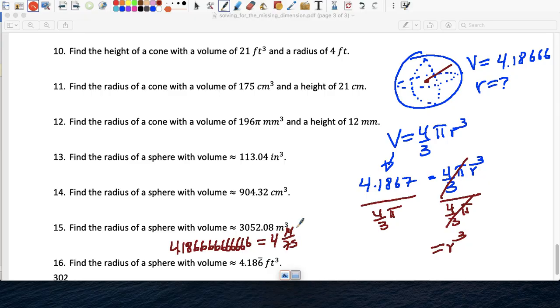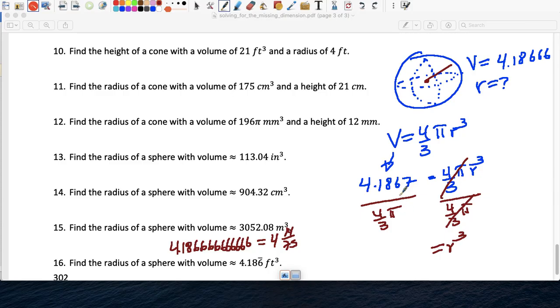I'm not sure how many of you would have done that. One of the first things we learned this year was how to change a repeating decimal into a fraction. So that's probably the better number to have used. But if you didn't and you used 4.1867, that's fine too. So let's just keep it as that.